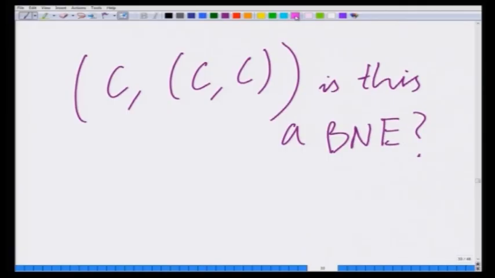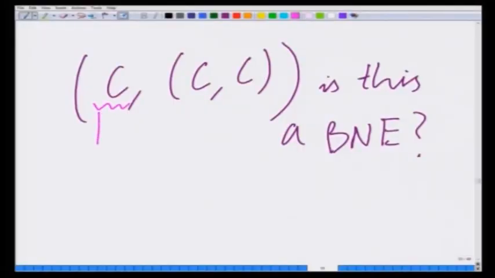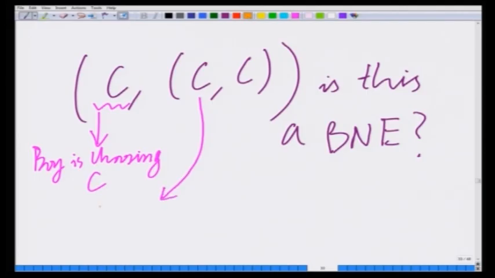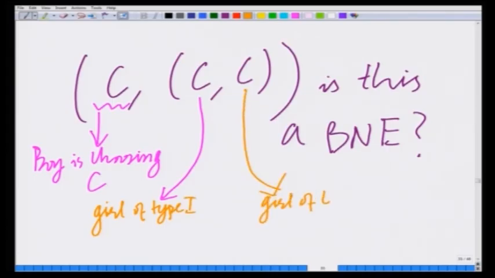Remember, in a Bayesian Nash equilibrium each player is playing his or her best response. Now, in C comma CC, the boy is choosing C, the girl of type I is choosing C, and the girl of type U is choosing C.